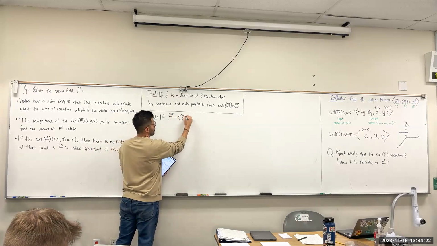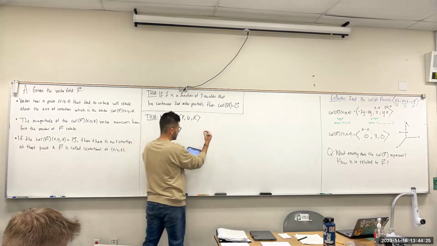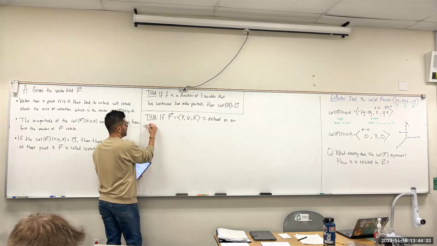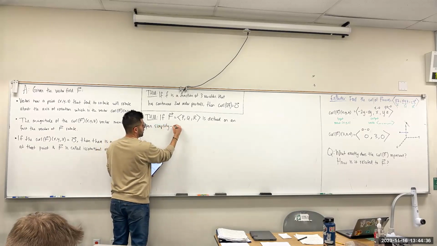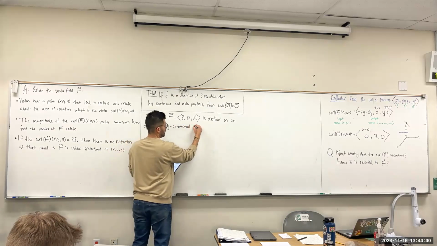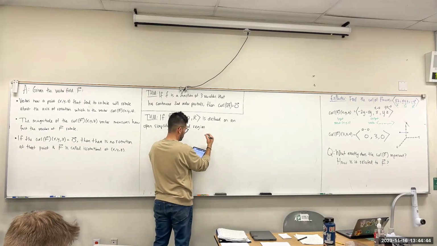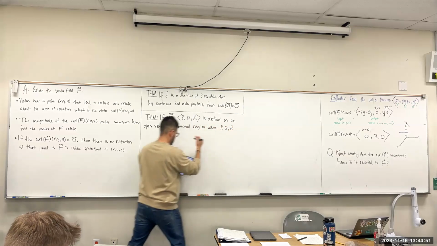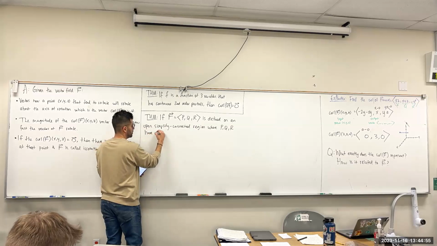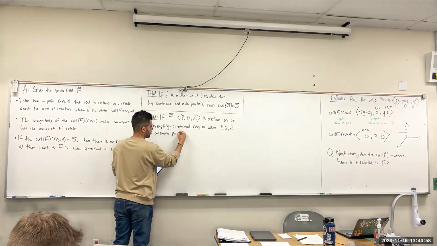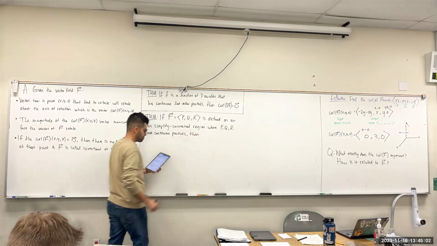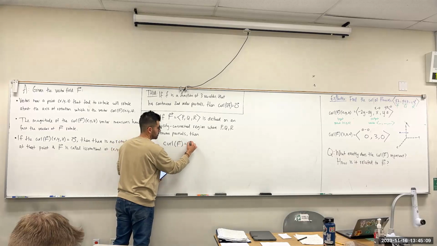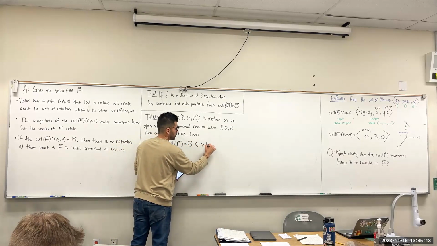So if F has 3 component functions, is defined on an open, simply connected region, where the 3 component functions P, Q, R have continuous partials, then if the curl is equal to the 0 vector, that is a criterion that will tell us the vector field is conservative.